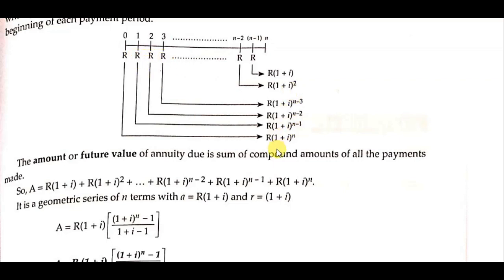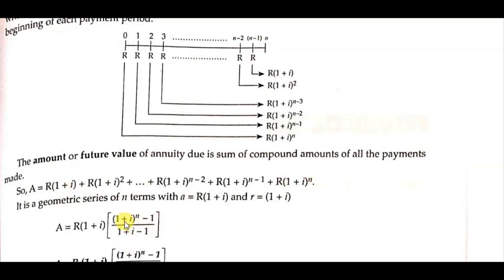All these amounts are added together, and clearly it is a geometric progression. R is a common factor, so you can take that out. So R into (1 plus i) is a common factor. Then how many terms participated in this geometric progression? n terms, right? So (1 plus i) whole power n, starting from 1 to n, so n terms complete. So this is r power n minus 1 by r minus 1.